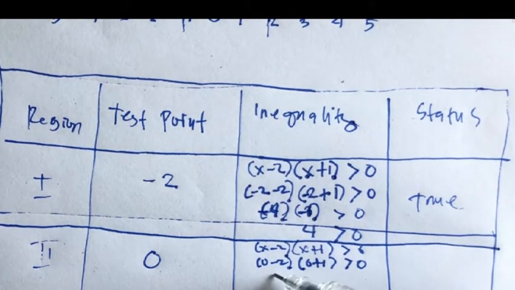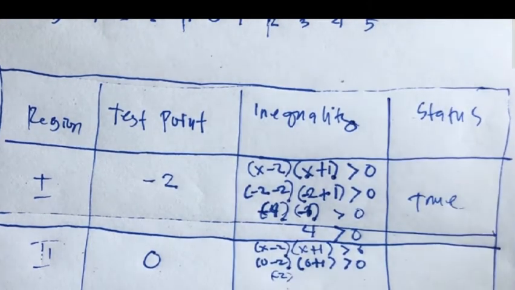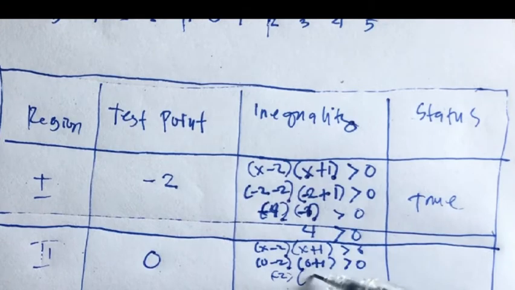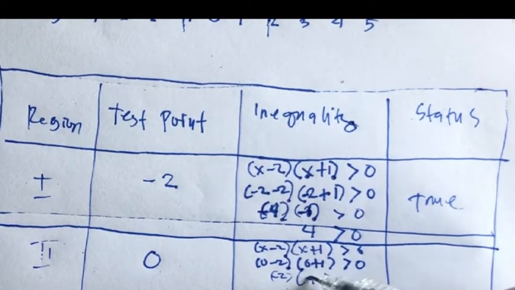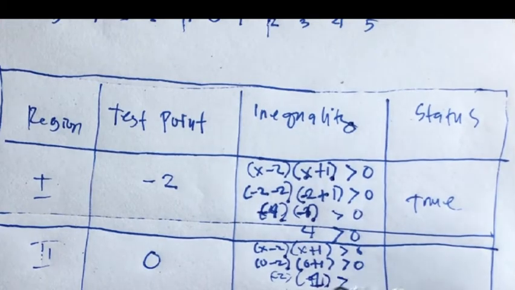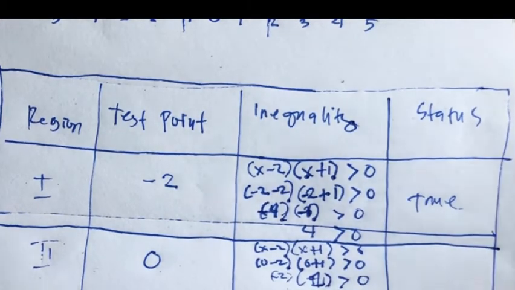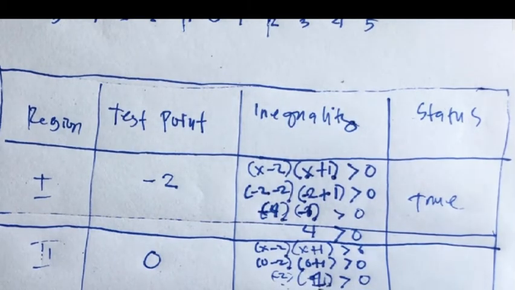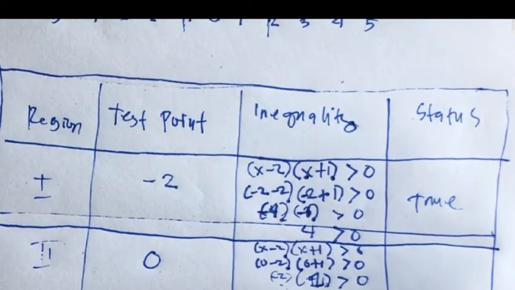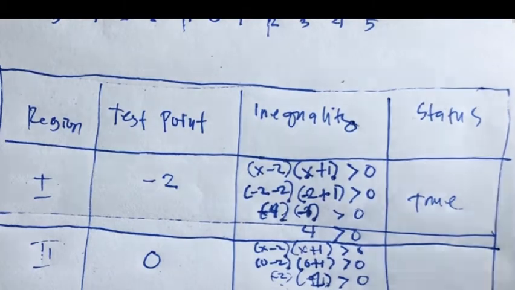So 0 minus 2, that's negative 2. 0 plus 1, that's positive 1 or simply 1. Copy the inequality, that's 0. Okay, so we have here negative 2 times 1, that's negative 2. Copy the sign and 0.